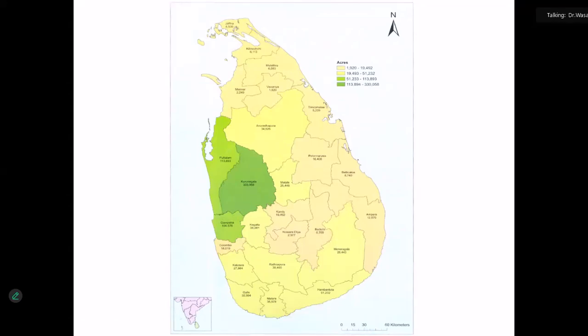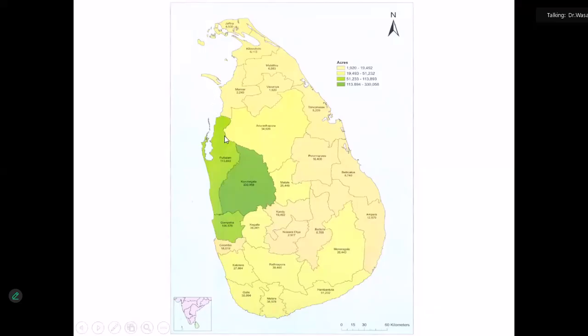Why did I highlight these three districts? These three districts are the main coconut growing districts. Among them, the highest coconut plantations are found in Kurunegala district.